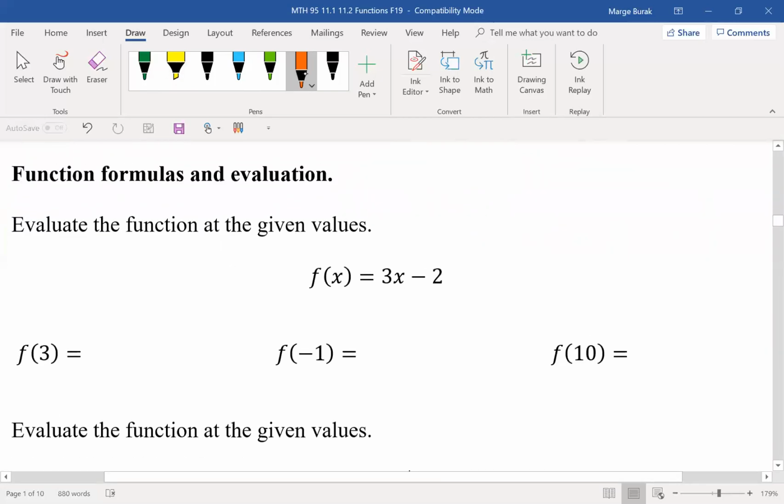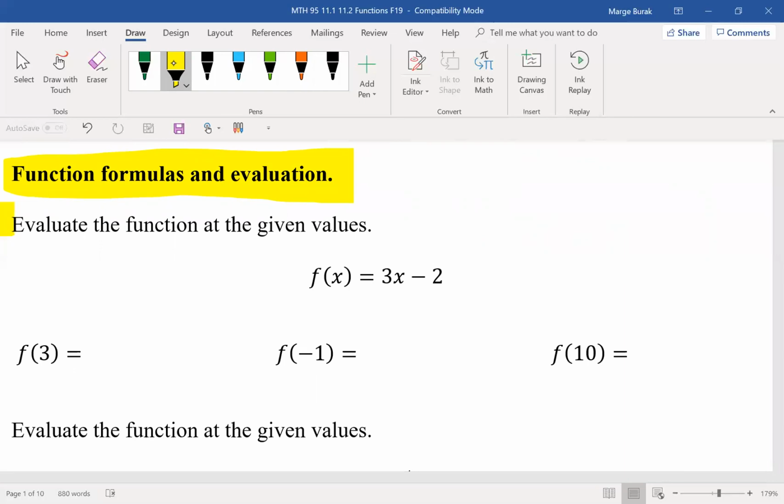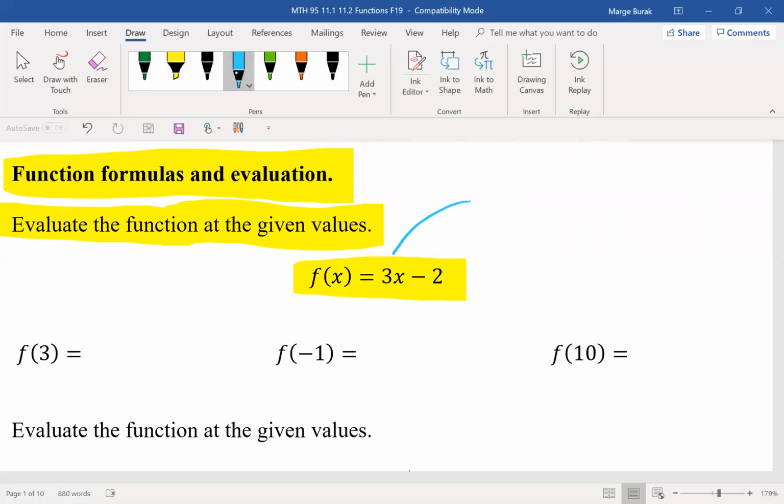Let's talk about the formulas and how we evaluate a function. The directions are going to be: evaluate the function at the given values. My function itself is an equation, basically saying 3 times my input and then subtract 2. So that's f of x.